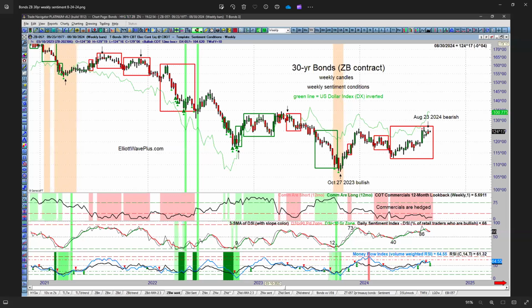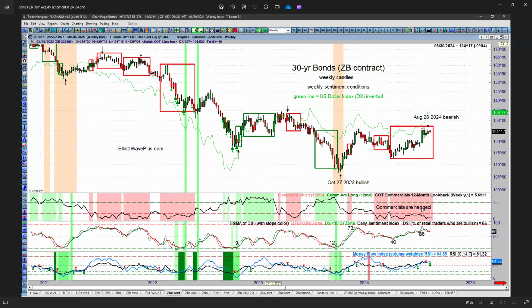So that means that retail traders have been front running the expectations that the Fed is going to ease. That's one idea or reason why they would be so bullish on bonds at this time. Another reason would be that they're gradually moving into bonds as a flight to safety.